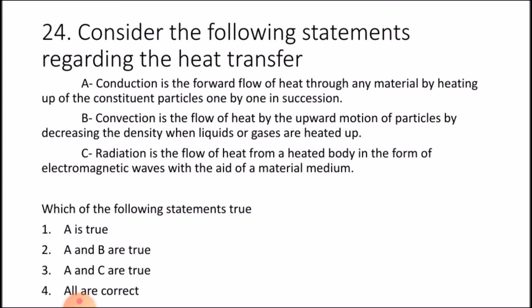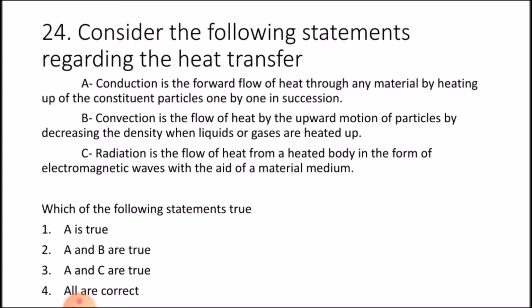C. Radiation is the flow of heat from a heated body in the form of electromagnetic waves with the aid of a material medium. So, which of the following statements are true? From these statements A, B, and C, both A and B are true.